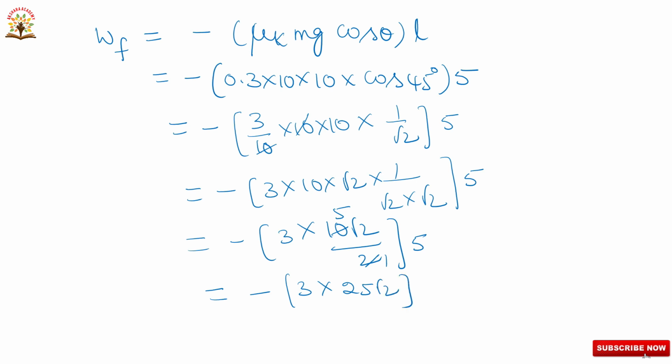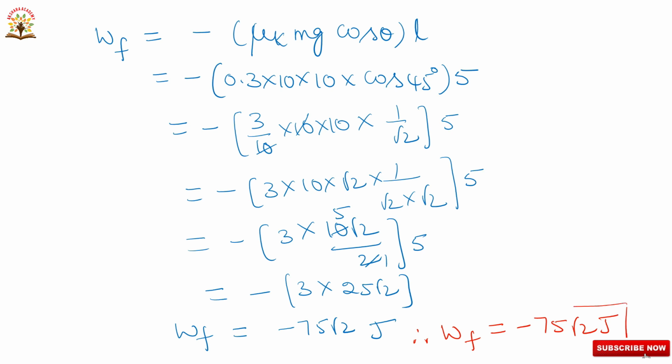So that is equal to 25 times 3 is 75 root 2 joules. Therefore, the work done by the friction, Wf, is equal to 75 root 2 joules.